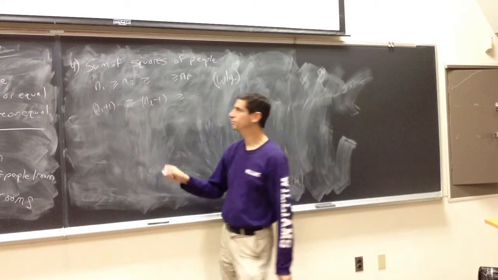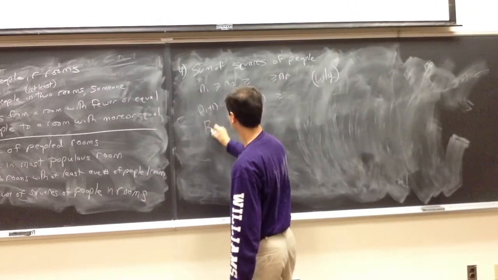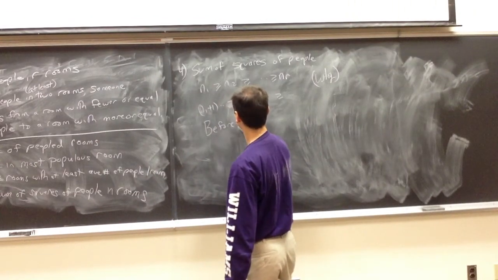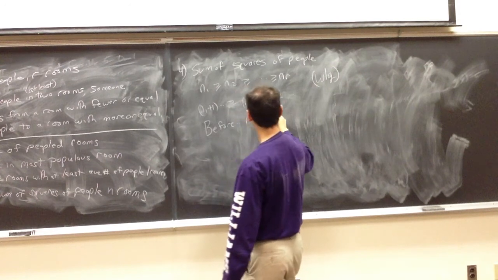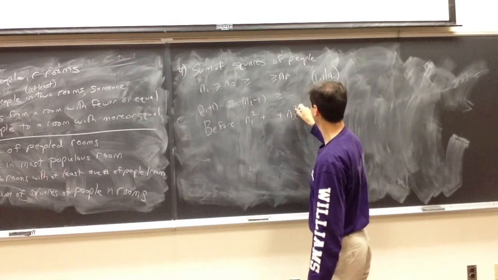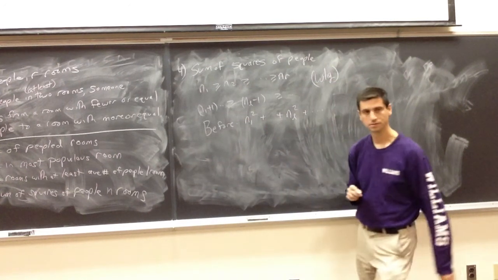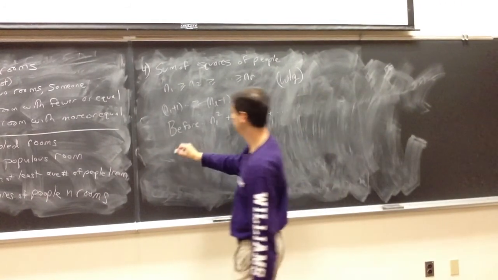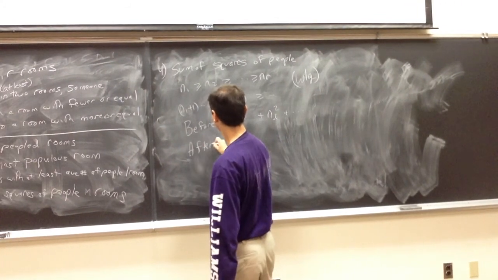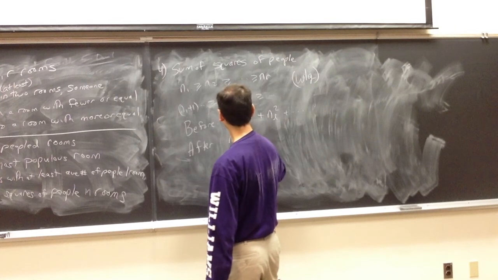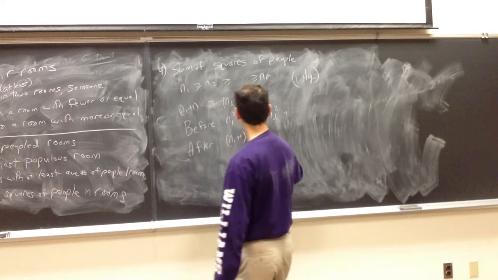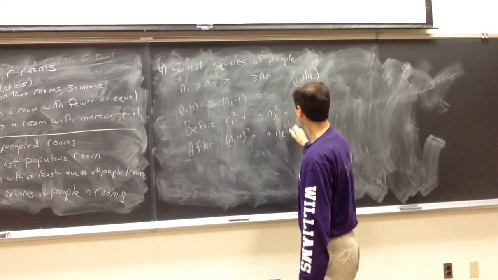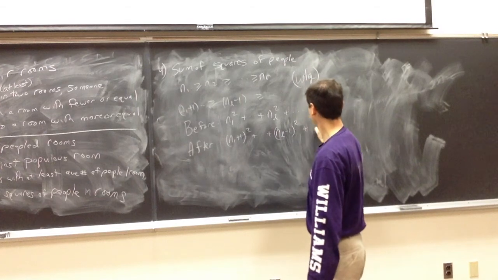So let's look at what we were before. We had n1 squared plus nl squared. And then after the movement, we had n1 plus 1 squared, nl minus 1 squared.